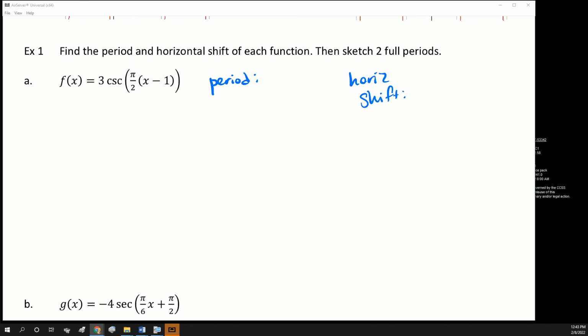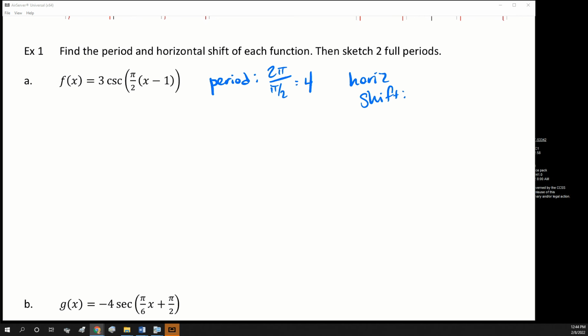Okay, so the period for secant and cosecant and sine and cosine is 2 pi divided by whatever is being multiplied by your x, which in this case is pi over 2. Or 2 pi times the reciprocal of that. So what do y'all think? What's that going to be? 4.